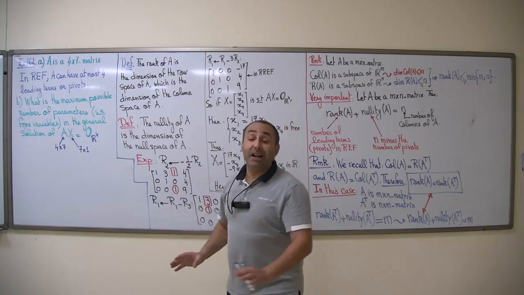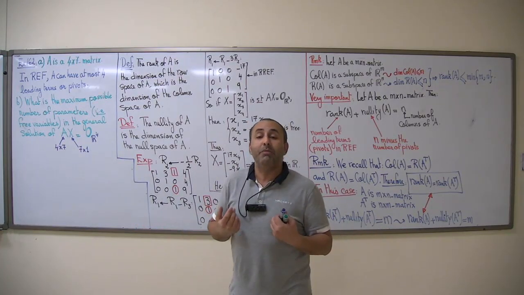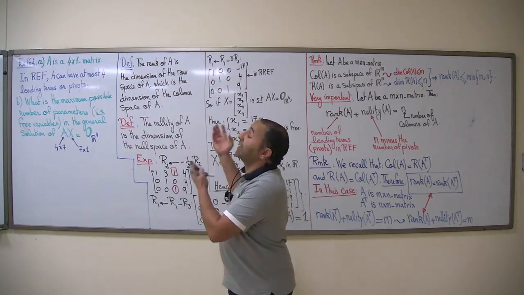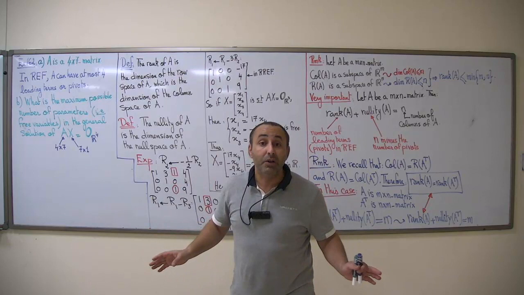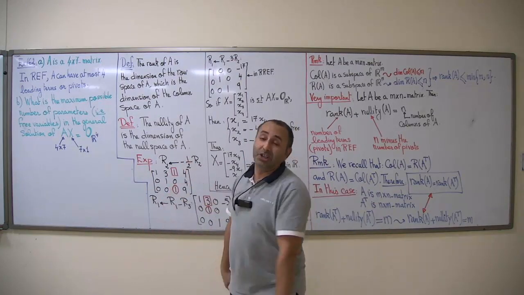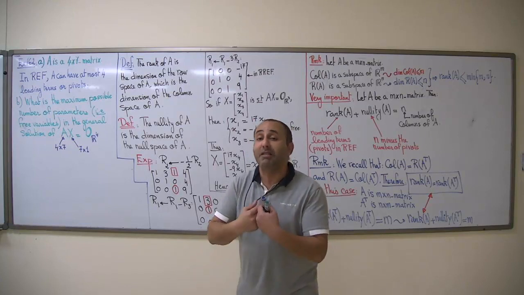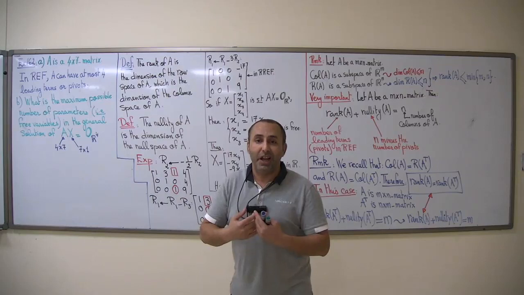But in this exercise, he's not saying anything about the matrix A. So I have to assume that the matrix A could be the 0 matrix, 4 by 7, with all entries 0, because nothing is mentioned in the exercise. So my answer is 7. That is the maximum number of free variables in the solution of AX equal 0.